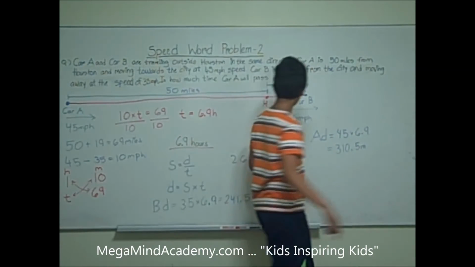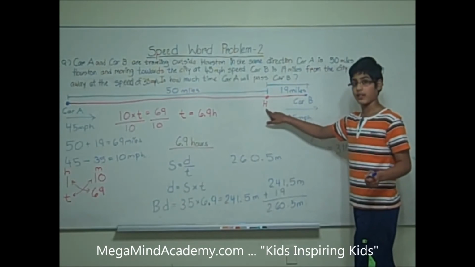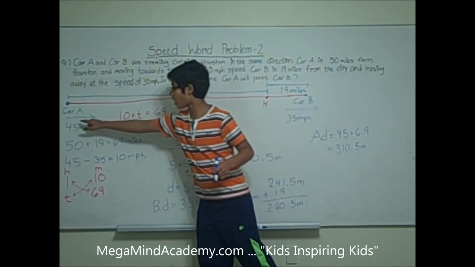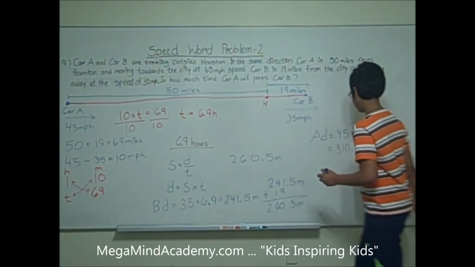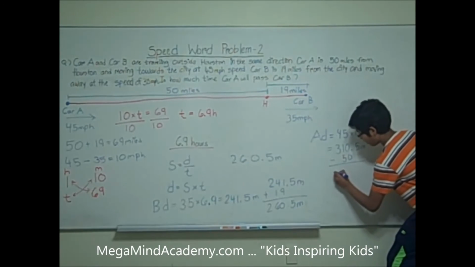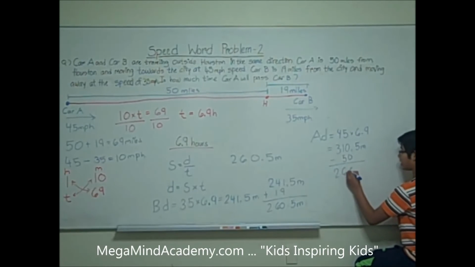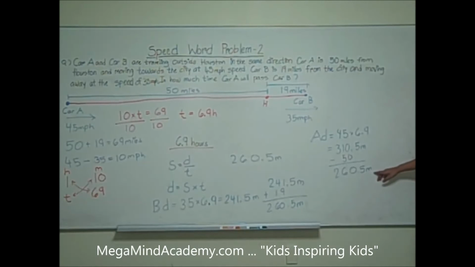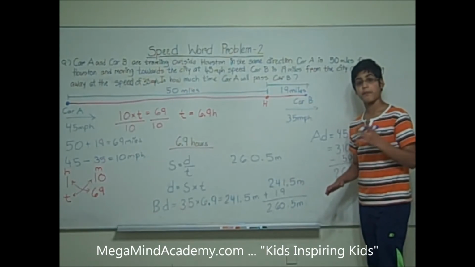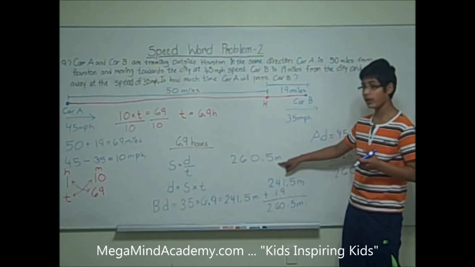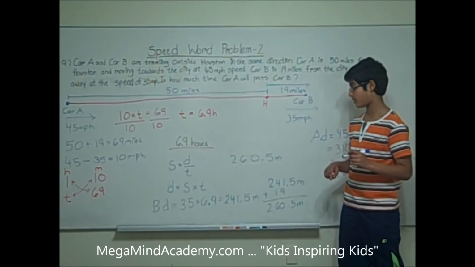We need to find how much it is from after Houston. So we have to subtract the 50 miles, which was from where car A had started, to Houston. So minus 50 is equal to 260.5 miles. So car A traveled 260.5 miles before it passed car B, which was at the same distance of 260.5 miles after Houston.